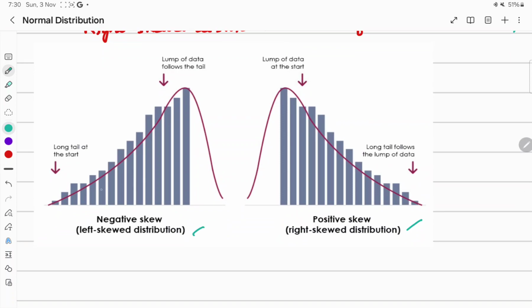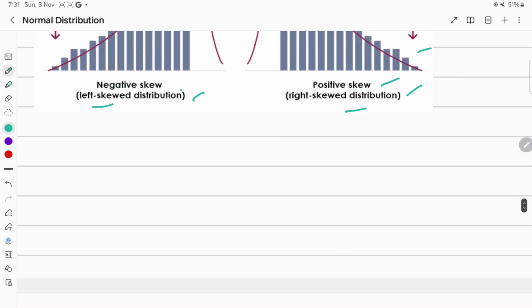And you can see here in left skew distribution there is a long tail, and in the right skew distribution there is a long tail towards the right side. So the lump of data follows the tail in negative skew, and there is a lump of data at the start followed by a long tail in case of positive skew.